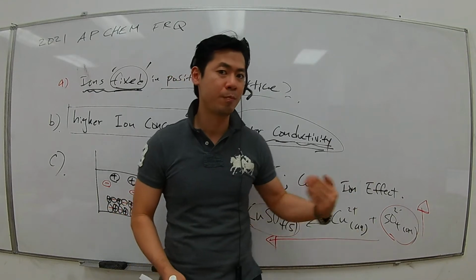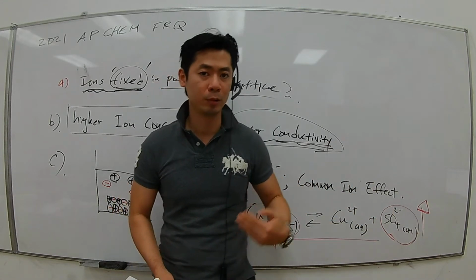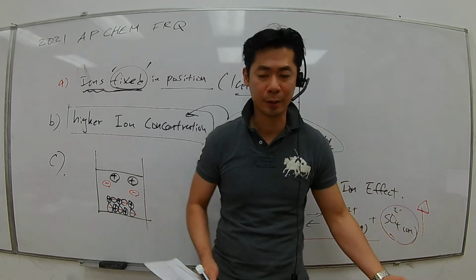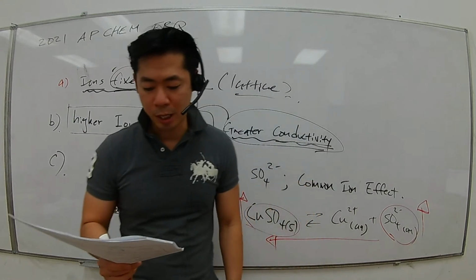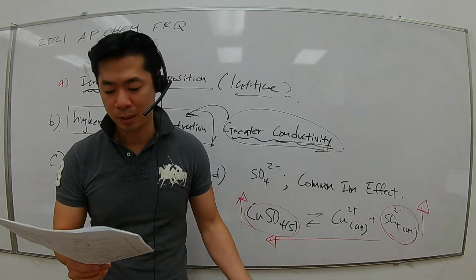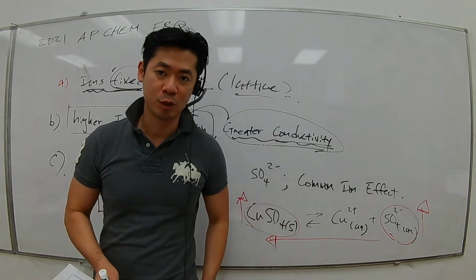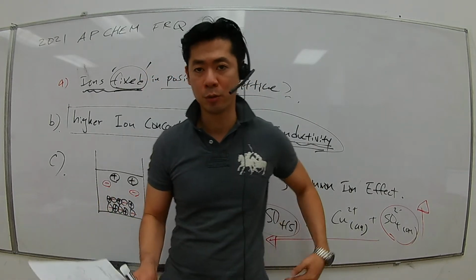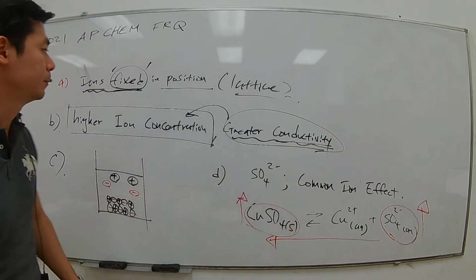It dissolves better, or dissociates better, than lead sulfate. It probably will have a greater K value as well, Ksp value. So higher conductivity means greater concentration of the ions. Since calcium sulfate has a greater conductivity, it means it has more Ca2+ and SO4 2- ions compared to Pb2+ and SO4 2- for lead sulfate.